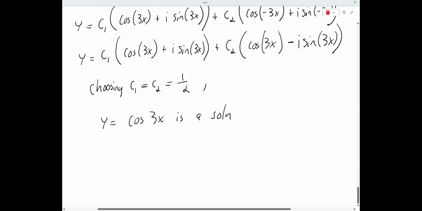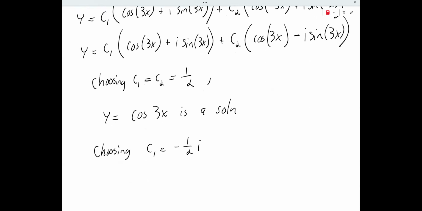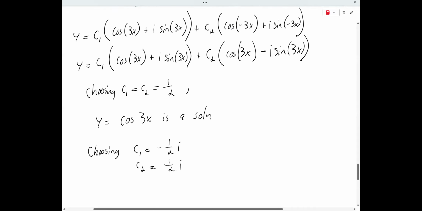Now another choice. This one's a little harder to see, but it turns out if you choose C1 equals negative 1/2 i and C2 equals 1/2 i, I won't go through all of it, but if you make those choices, complex numbers for these constants, I'll show just C1 here.